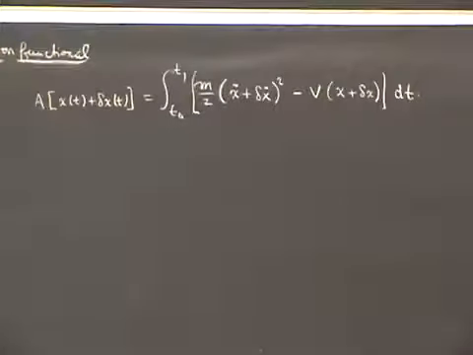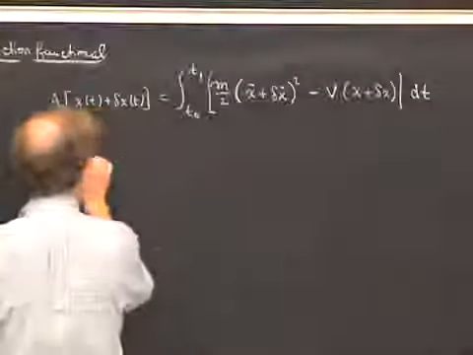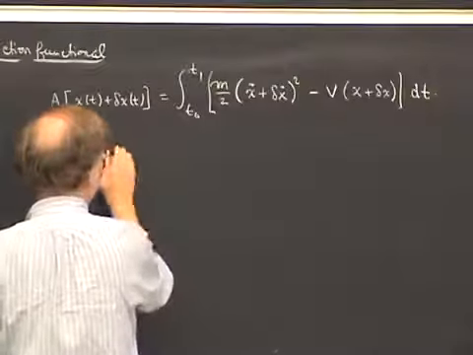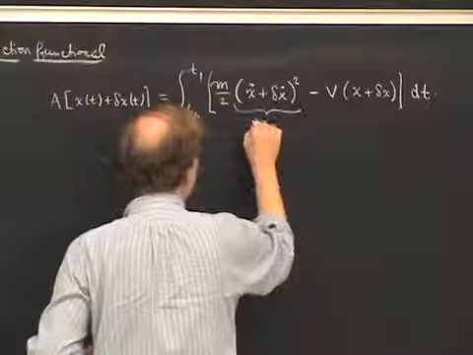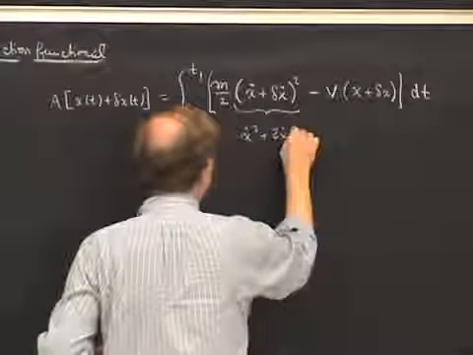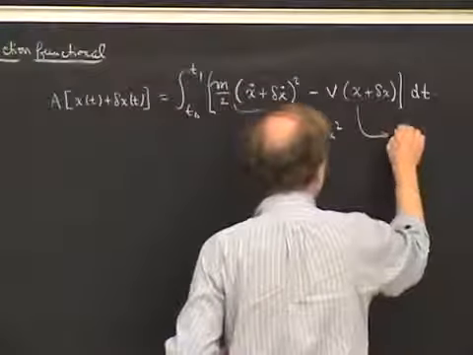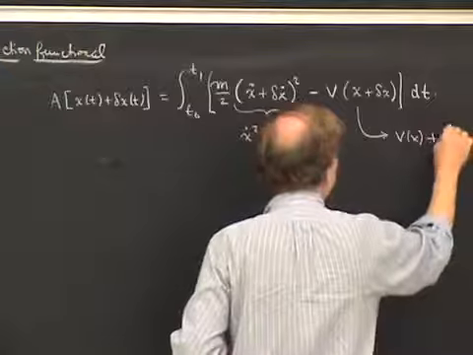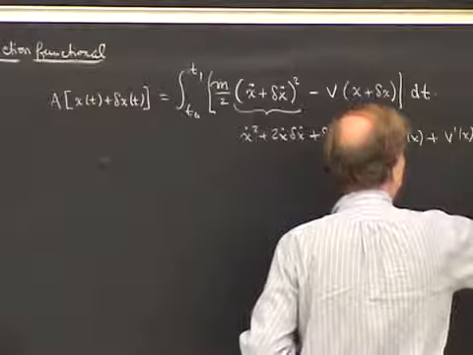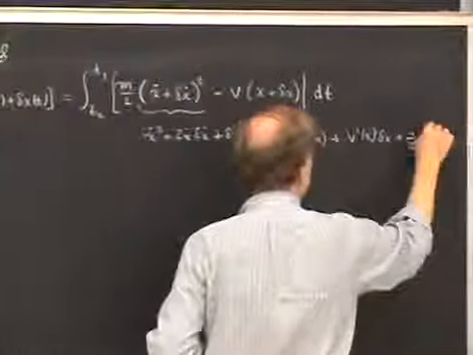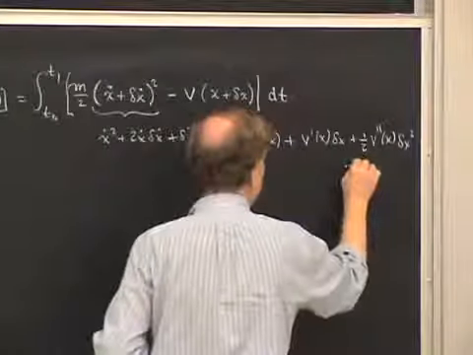All right, action along the modified path. Now, allow me to expand out the right-hand side, assuming that delta x is small. So we can expand this out. This quadratic term expands into x dot squared plus twice x dot delta x dot plus delta x dot squared. And the V here expands into V of x plus V prime of x times delta x plus 1/2 V double prime of x times delta x squared, plus a higher order term.